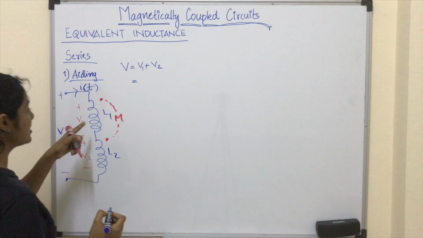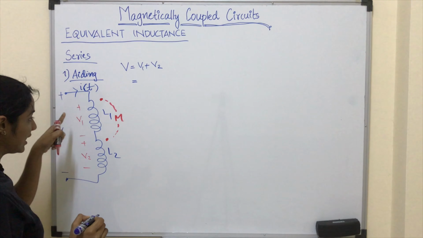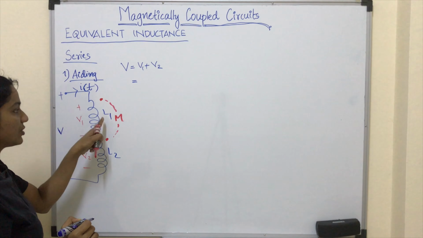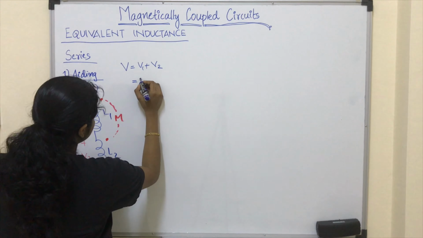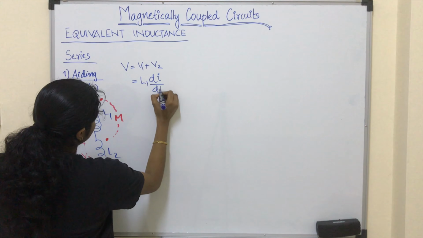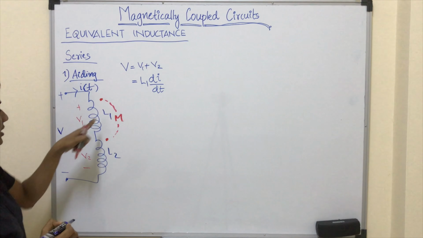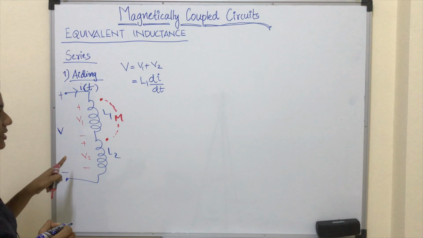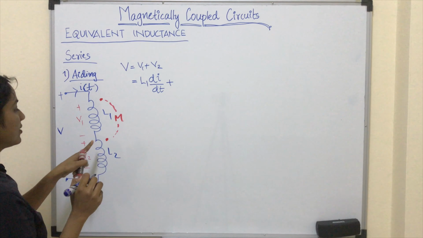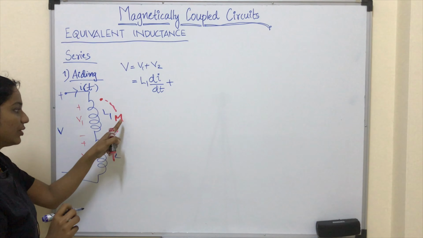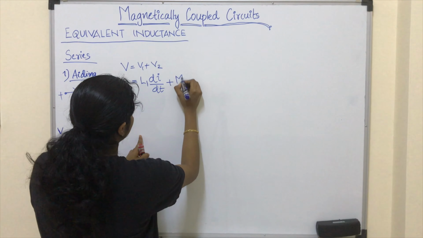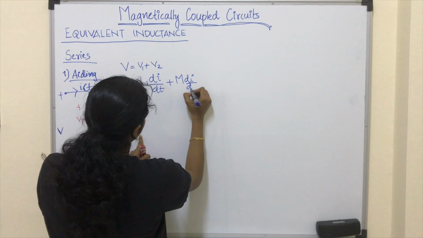As per our previous lecture, the EMF, the voltage induced, is nothing but the rate of change of flux linkage in a coil. That is, we can say L1 into di by dt, where the current i is passing through this coil, plus there is also an EMF which is induced due to the mutual flux, that is nothing but M into di by dt.